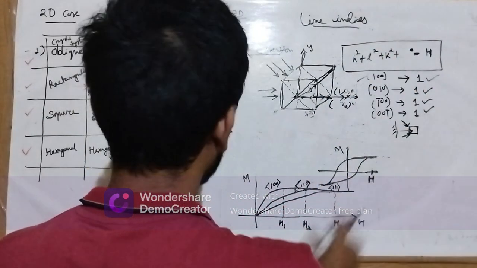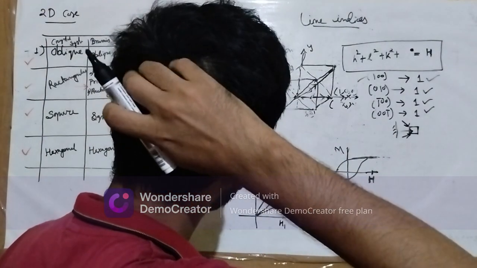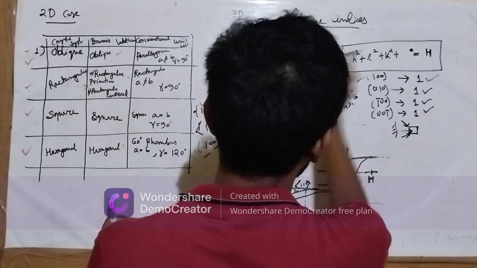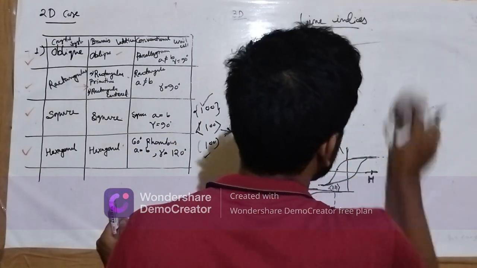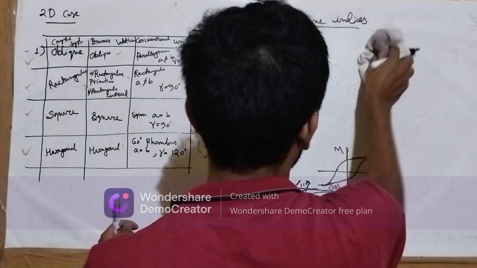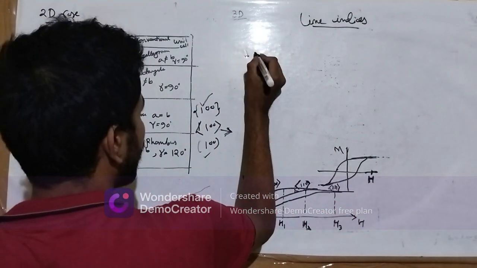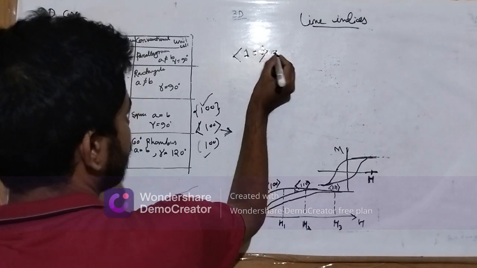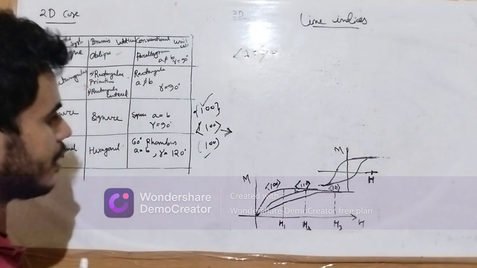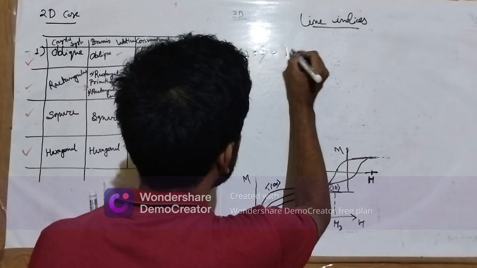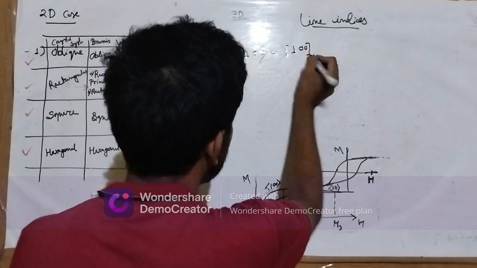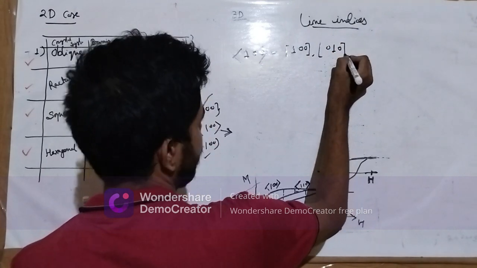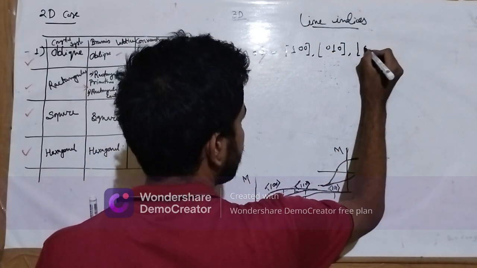Now I'm going to tell you about the different types of families of these lines. I have to erase this. For this family, what will the lines be? Here the line 100 is present, right? Then 010 will also be present, then 001.